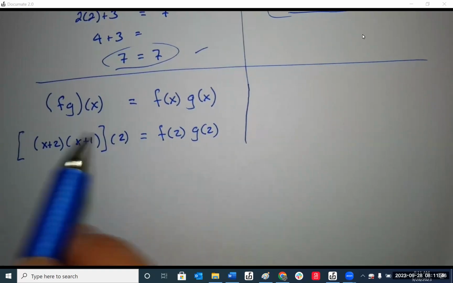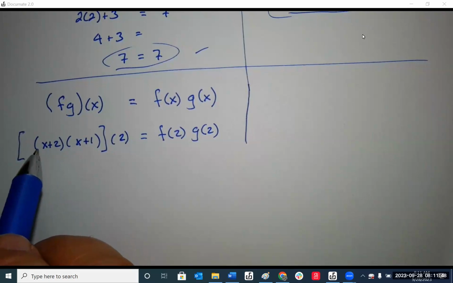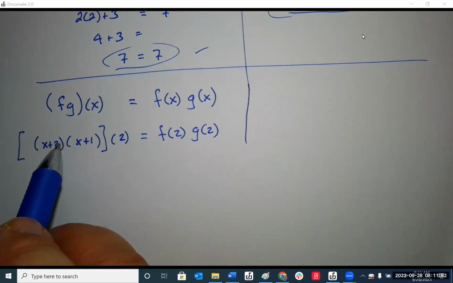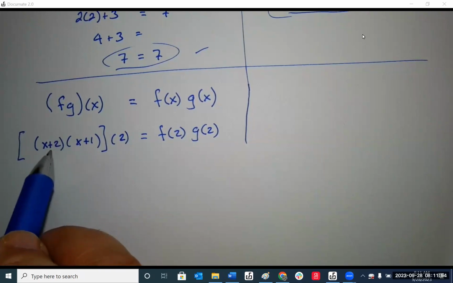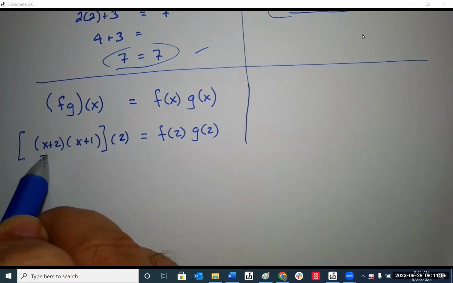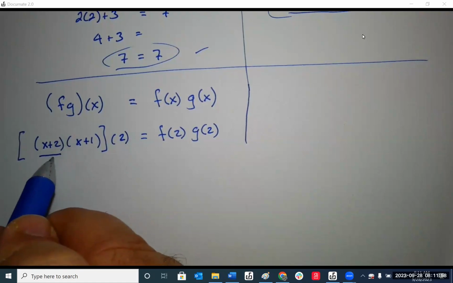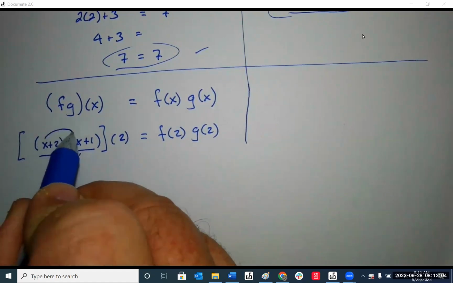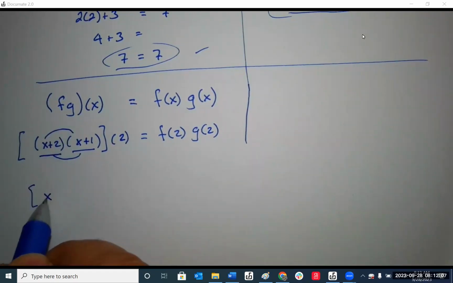Now, on the left side, these are called binomials because they have two terms each. We have to get rid of the parentheses. The way we do it is every term in the first parenthesis has to multiply every term in the second one. X times x is x squared.